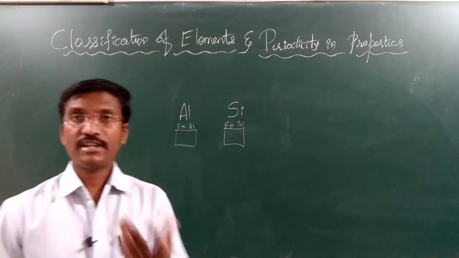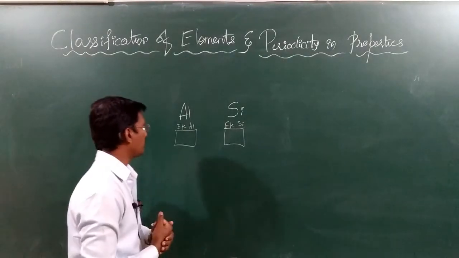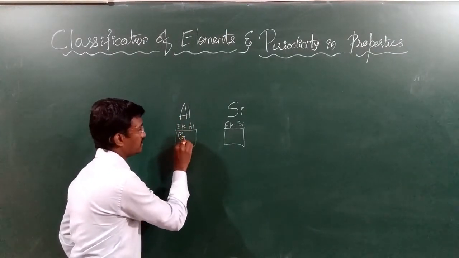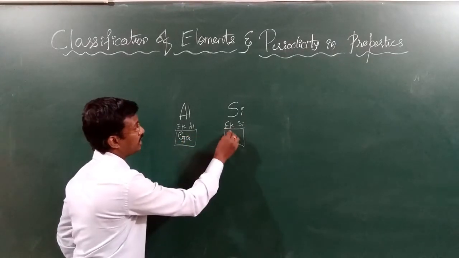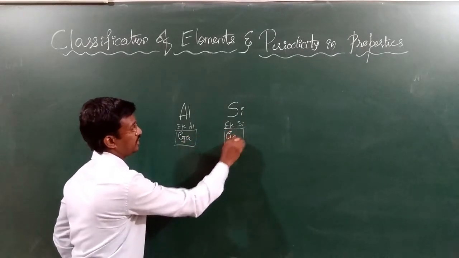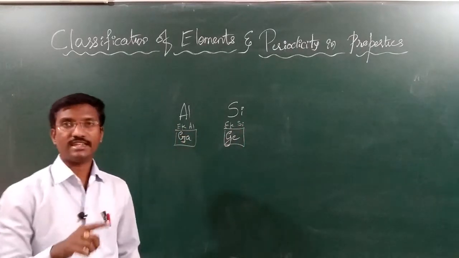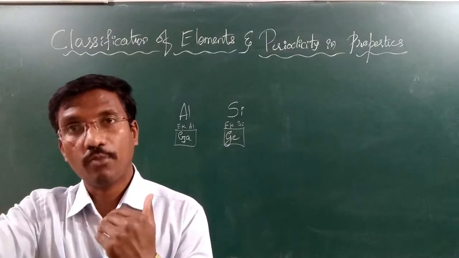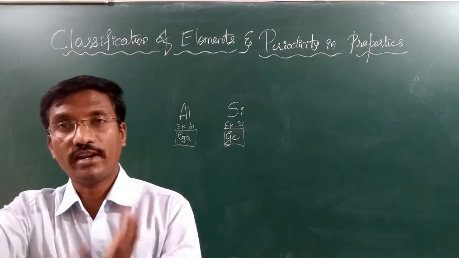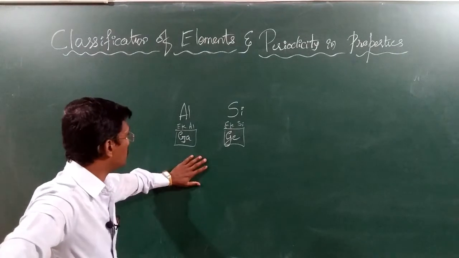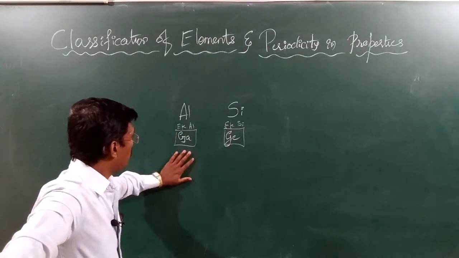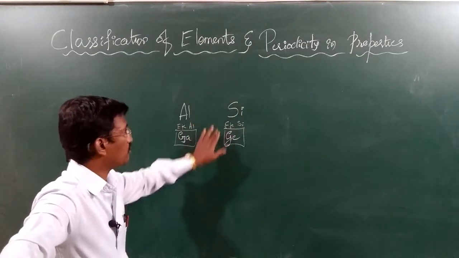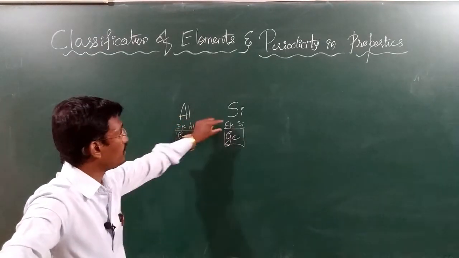After his death, after many years, we discovered that below aluminium, gallium is present, that is Ga. Below silicon is germanium, Ge. So by his influence, it was possible to discover the two elements below aluminium and below silicon, which he named eka-aluminium and eka-silicon.